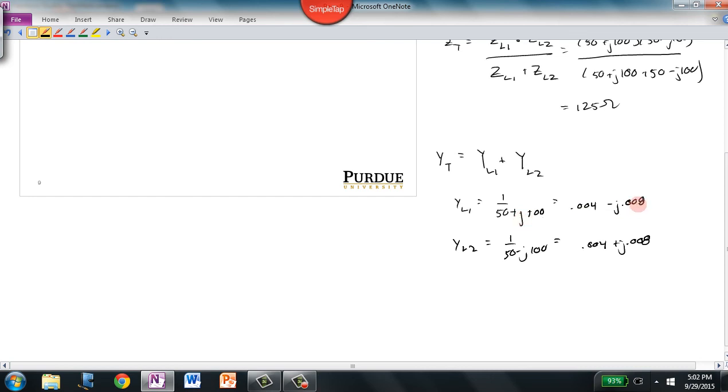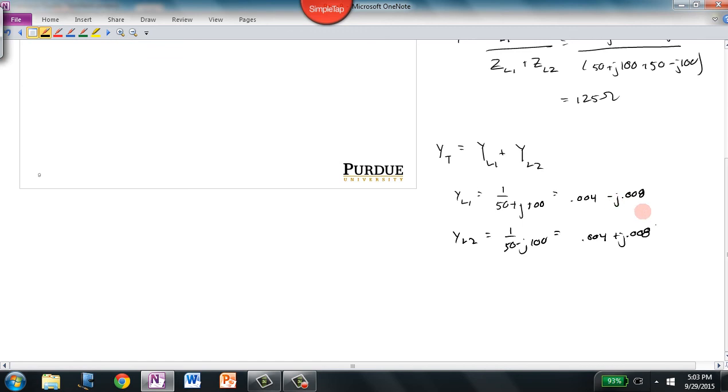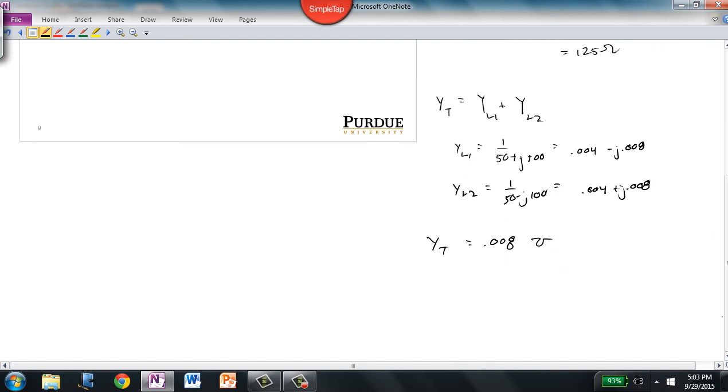And so an inductance has negative susceptance, where capacitance has positive susceptance. The rules are just inverted for inductance and capacitance when we're talking about them on an admittance or susceptance basis. To find the total admittance of the circuit, we just add these two numbers, and we see that the imaginary parts cancel out, and we get 0.008 mhos, which is the unit of admittance.